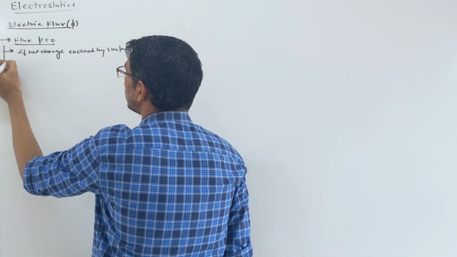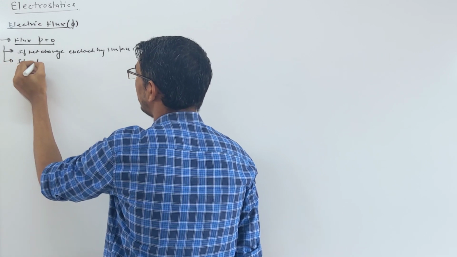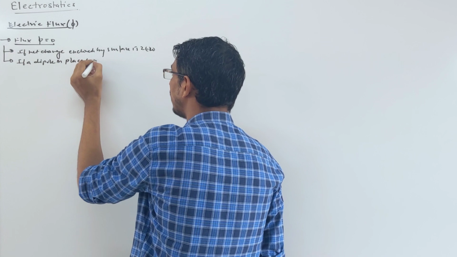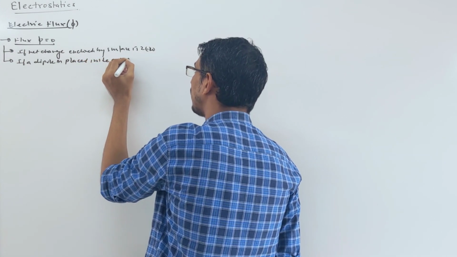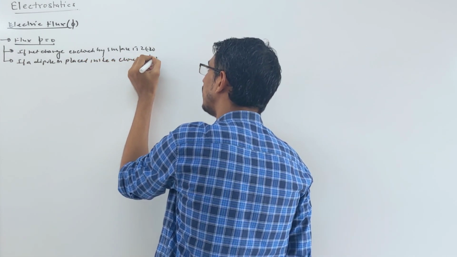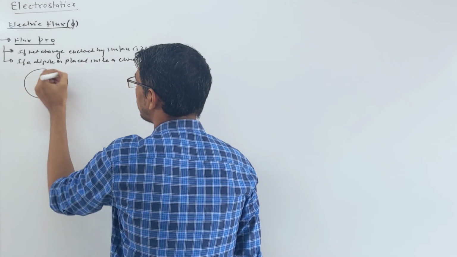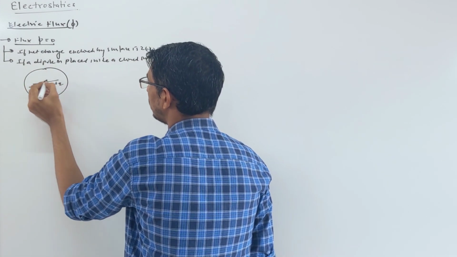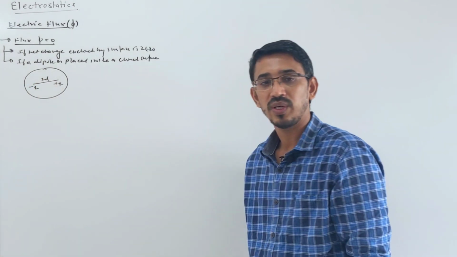Suppose a dipole is placed inside a closed surface, look here, you know the meaning of dipole. You put a charge dipole here, that's minus q, that's plus q, at a distance of 2d. Now what is the net flux coming?